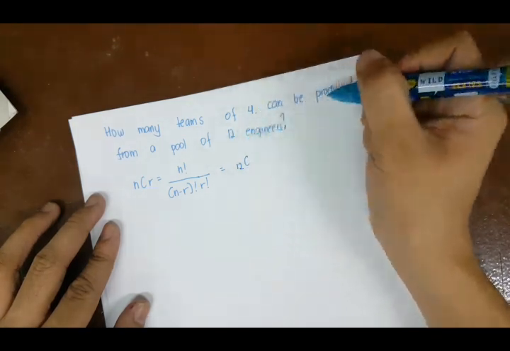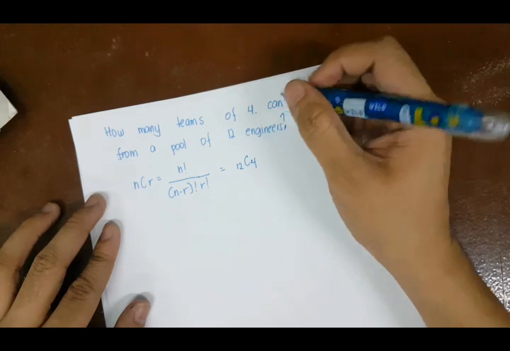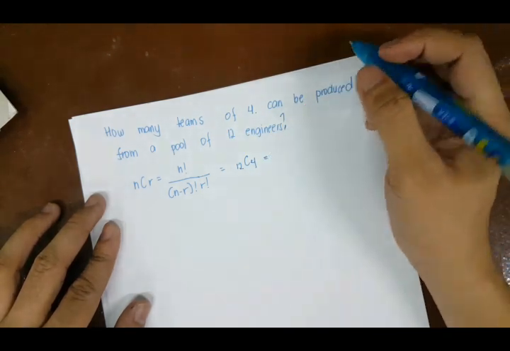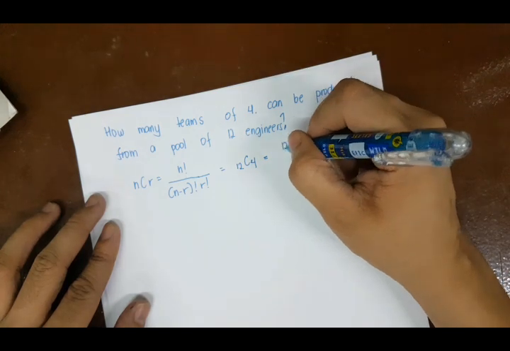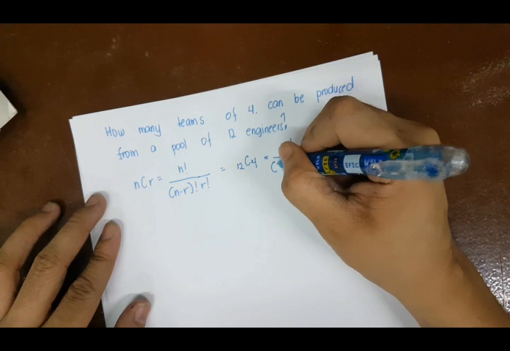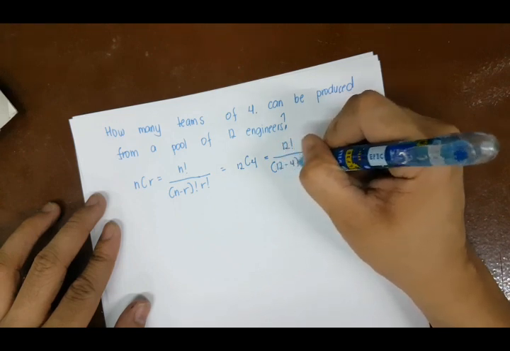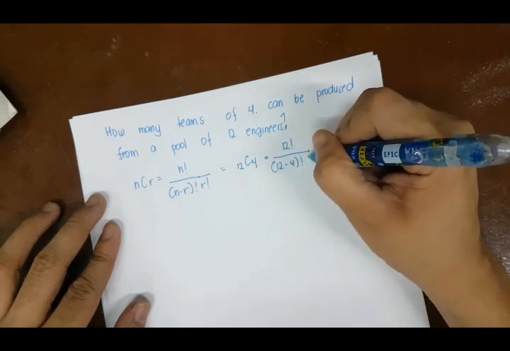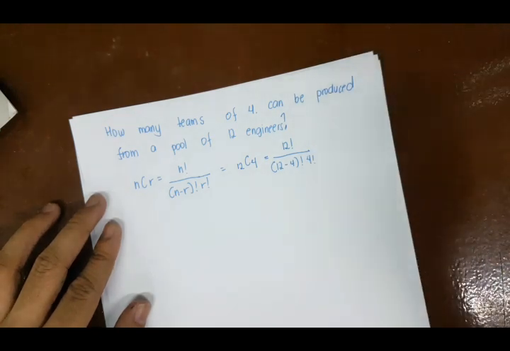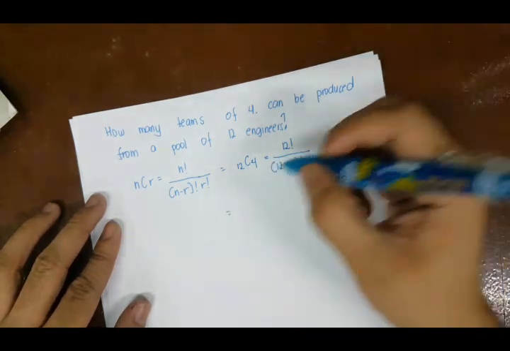We are going to take 4 from the pool of 12 engineers. So that's 4. Let's substitute. So 12 factorial over 12 minus 4 factorial times 4 factorial.